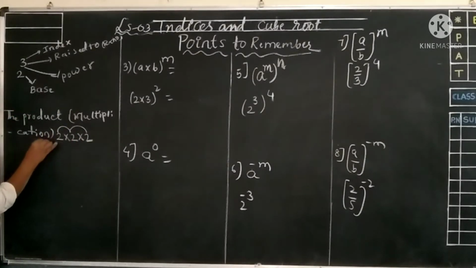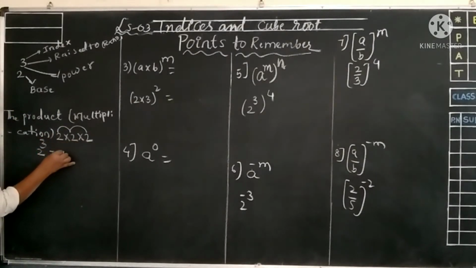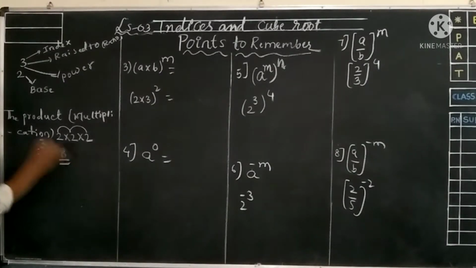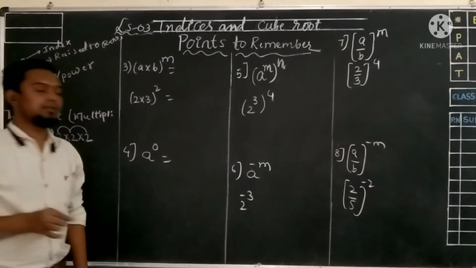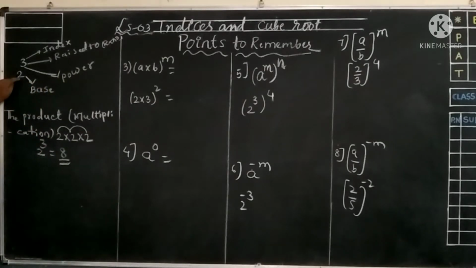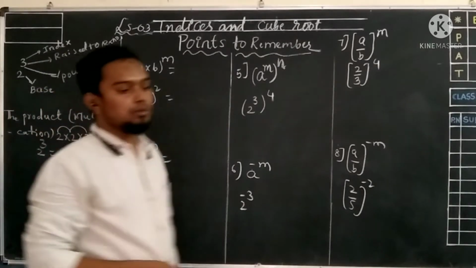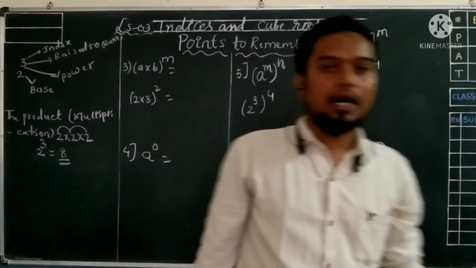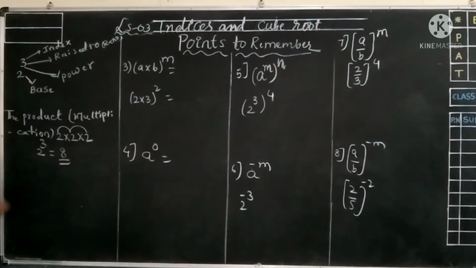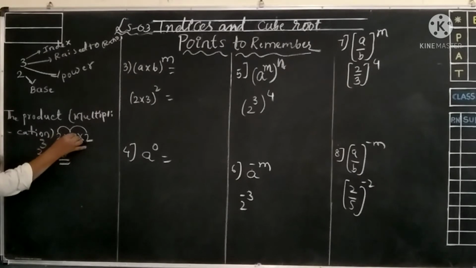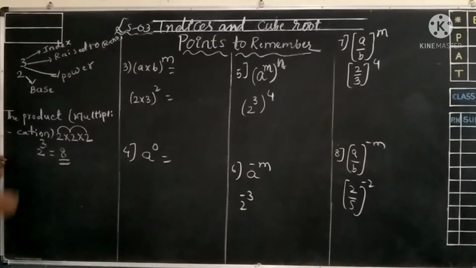Therefore 2 raised to 3 is equal to 8. Here 2 is considered as the base and 3 is considered as the index, or power.